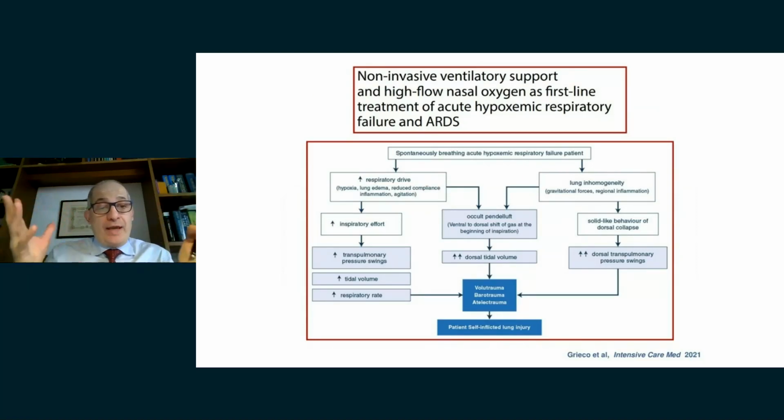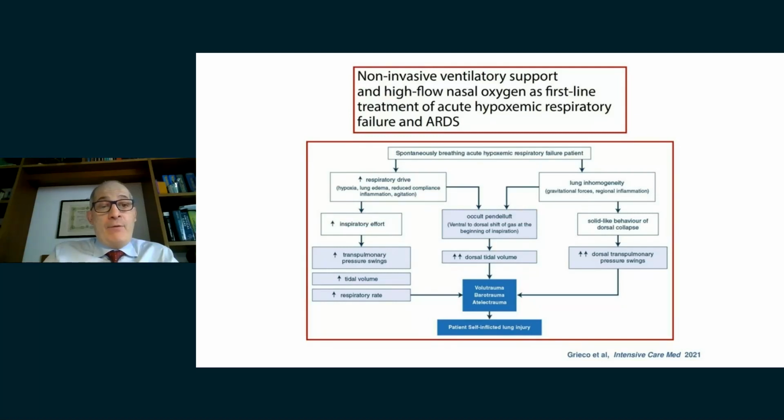So putting it together, we have to deal with a patient who presents a respiratory failure, an increasing respiratory drive, and a lung inhomogeneity due to the lung disease. This translates to increasing inspiratory effort, increasing transpulmonary pressure, and an increase in tidal volume and respiratory rate.